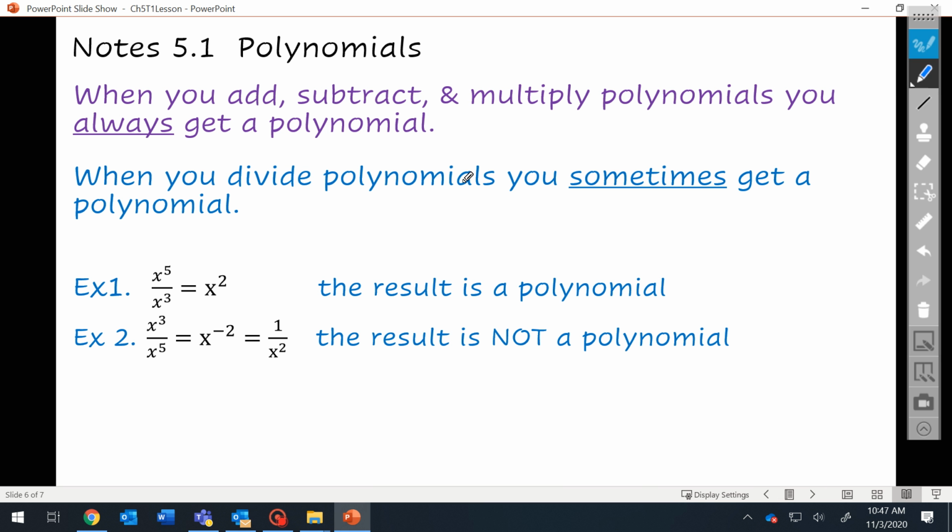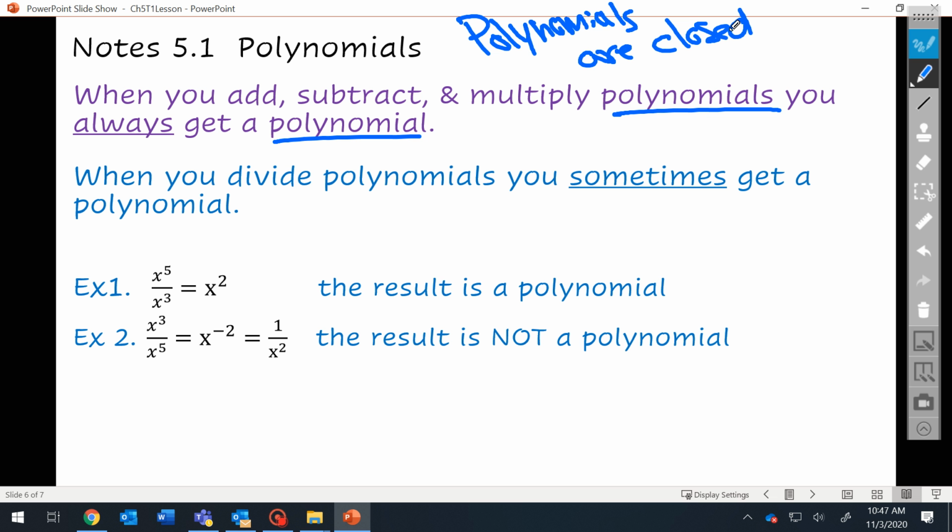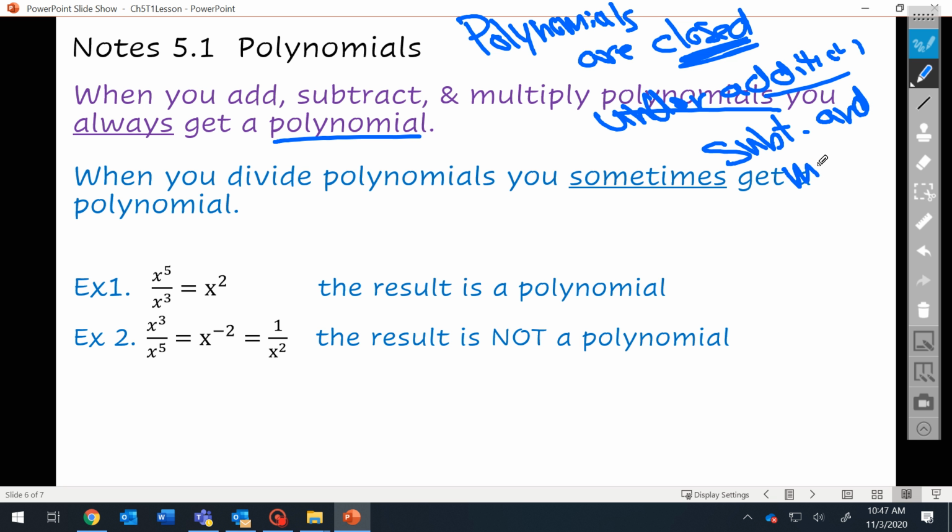All right, when you add, subtract, and multiply polynomials, you always get a polynomial. So that means that polynomials are closed under addition, subtraction, and multiplication.